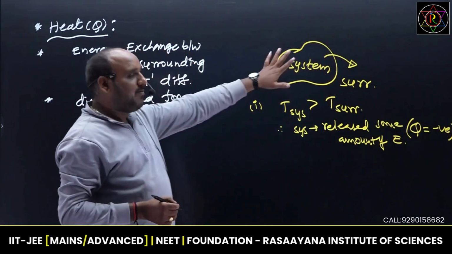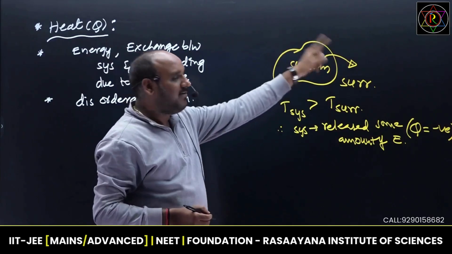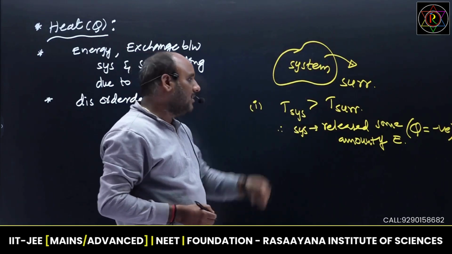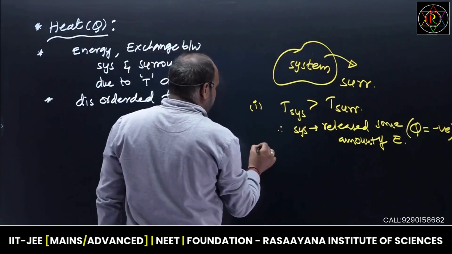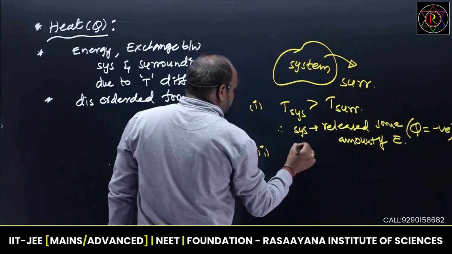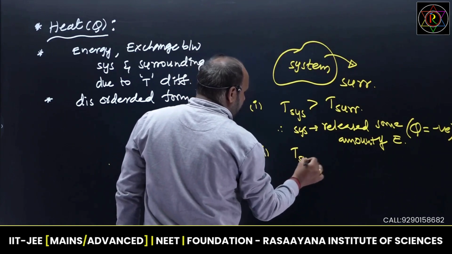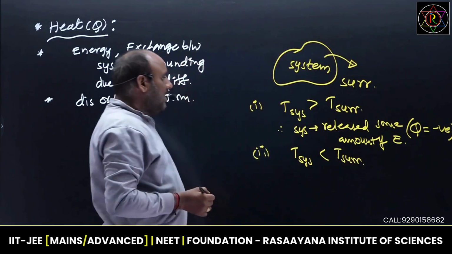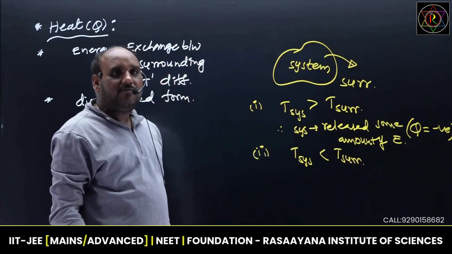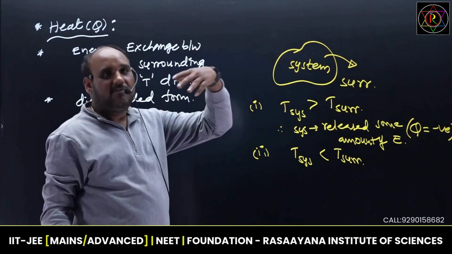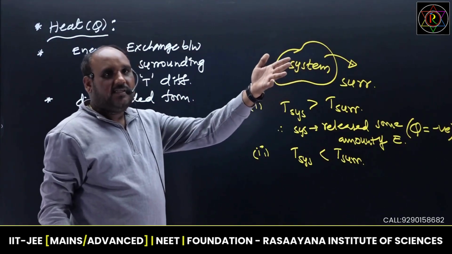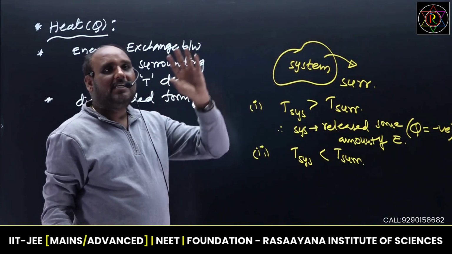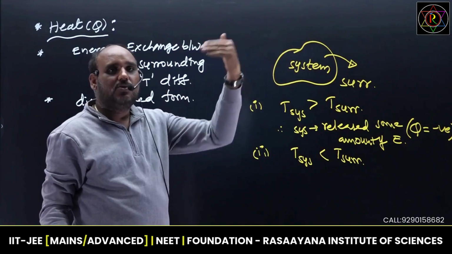The system is losing some amount of energy because it is transferred to the surroundings, as the temperature of the system is higher. The second situation: if the temperature of the system is less than the temperature of the surroundings, some amount of energy is transferred from the surroundings to the system.